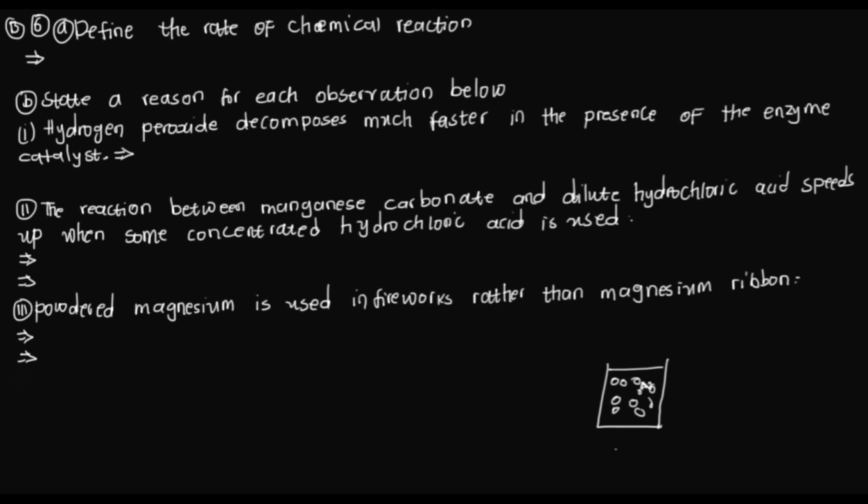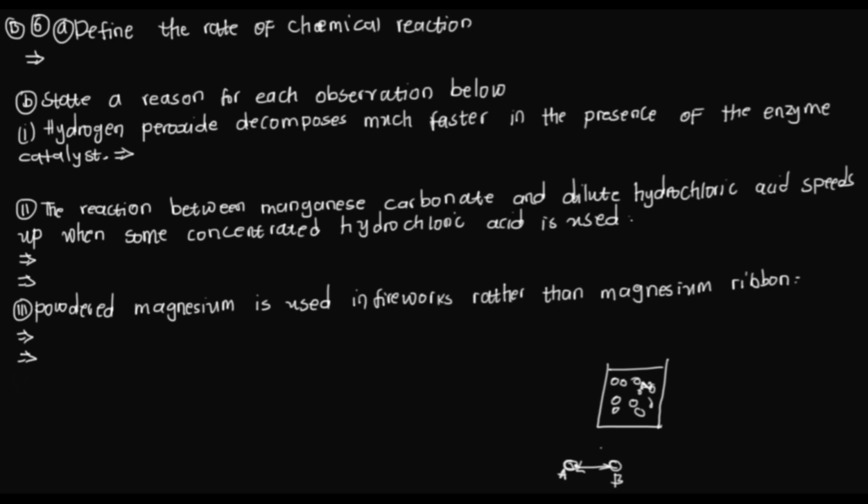So if we have a particle, or we can just say we have an atom, then another atom. If this atom A collides with atom B, we can now say the reaction is taking place. So whenever we have a chemical reaction, we are just looking at how particles collide in order to produce a product.